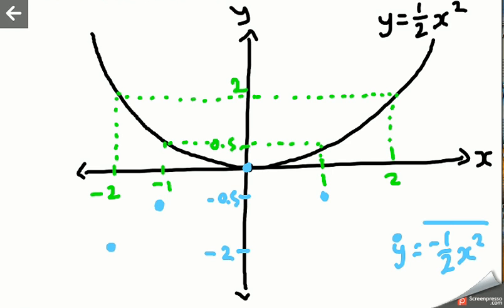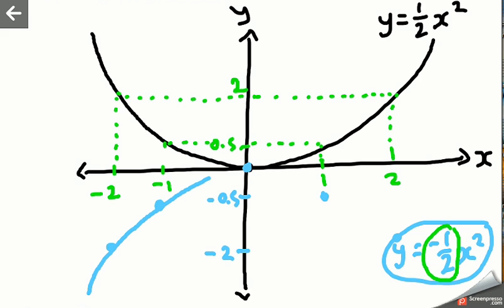And maybe you've picked up on it now. I really wish I hadn't drawn this where I drew it. But what happens when you multiply x squared by some negative k value is that it's the same as if k were positive, except flipped the other way. So it's the same as the graph we drew above, except reflected in the x-axis, because all the y values are now negative instead of positive.